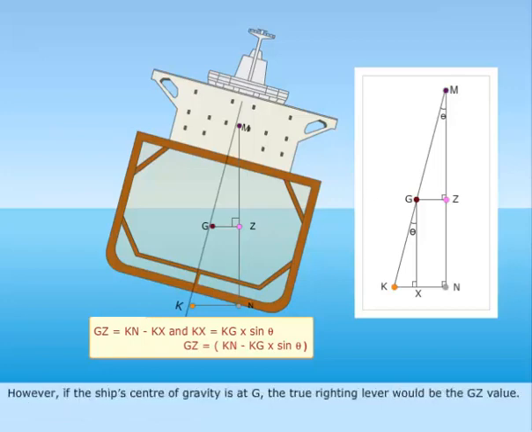However, if the ship's center of gravity is at G, the true righting lever would be the GZ value. In practice, the true GZ is always less than the tabulated KN value. Therefore, a negative correction is applied to the tabulated KN value to obtain the true GZ value.